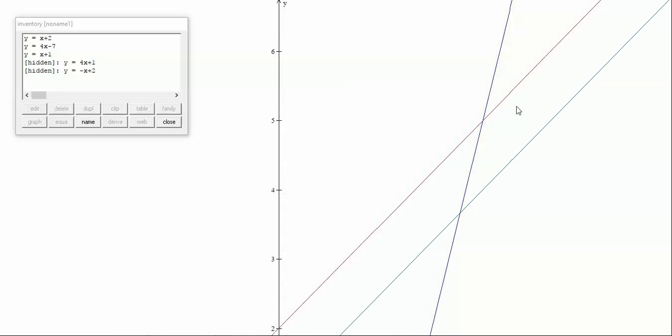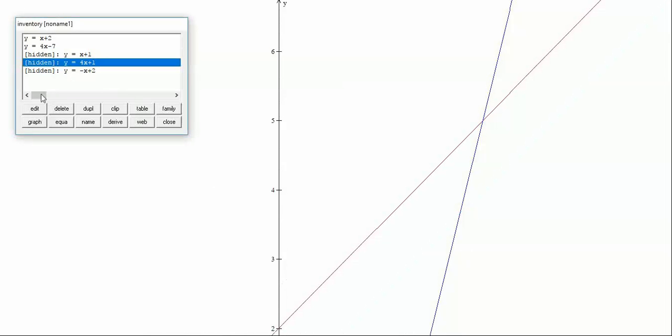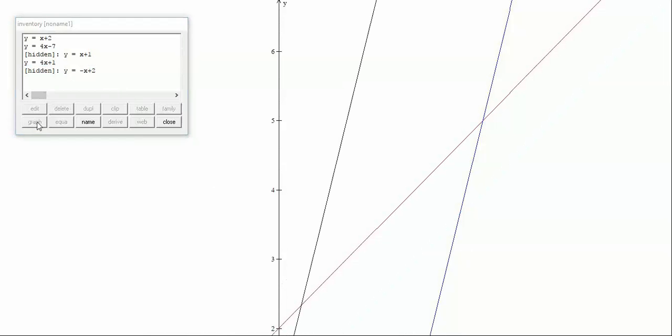We have a transversal here, but no triangle. Well, and then we could try the other one, 4x plus 1, and that gives us a line parallel to this one, which again will not form a triangle. See?